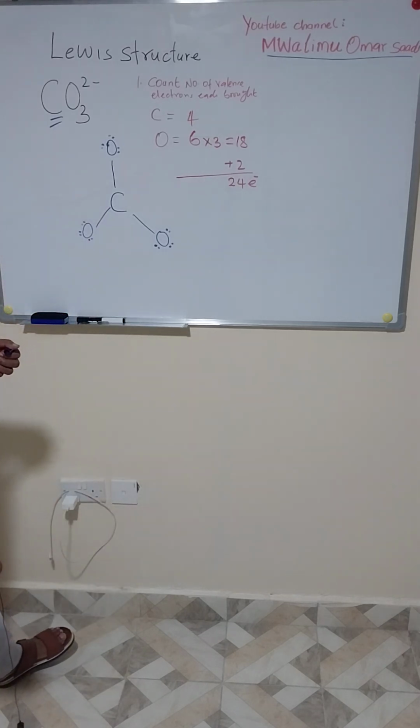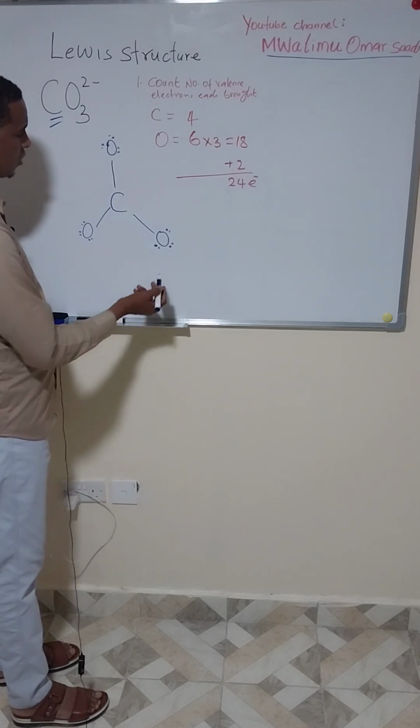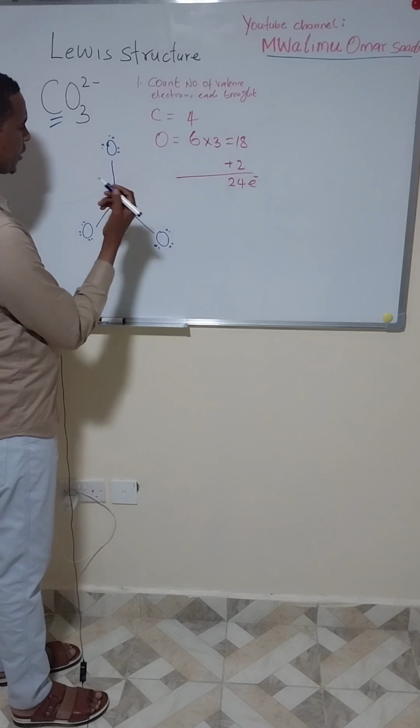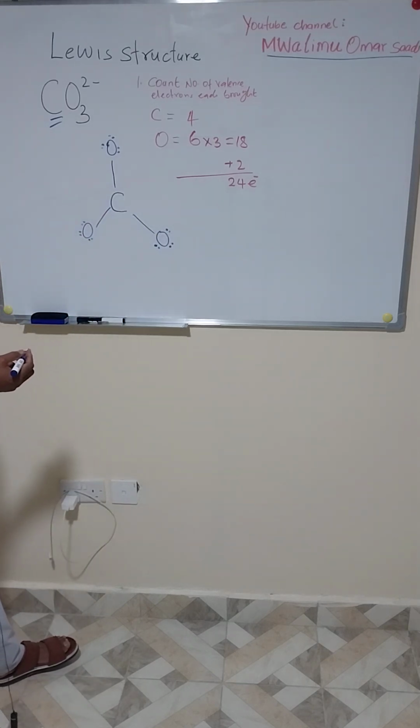So those are 24 electrons. If you look, oxygen has 8 electrons, so it is already full: 1, 2, 3, 4, 5, 6, 7, 8. All the oxygens have a full octet. We only have carbon that does not have a full octet.